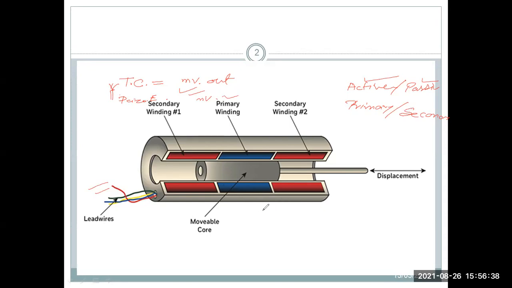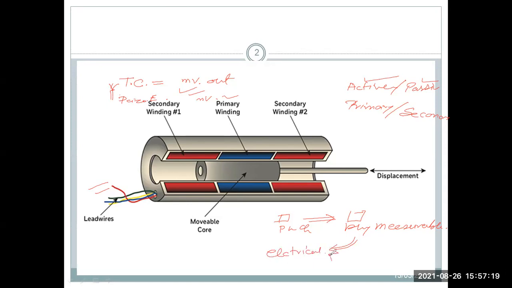Some transducers are there which cannot produce an electrical measurable quantity or signal. It converts some physical quantity into some physical measurable quantity. And then another transducer is required to make this physical measurable quantity into an electrical quantity.